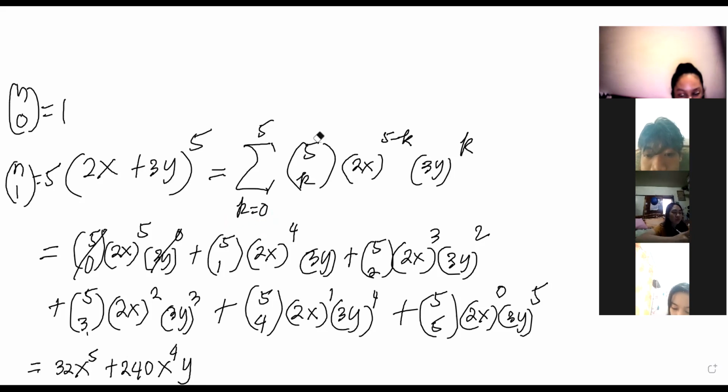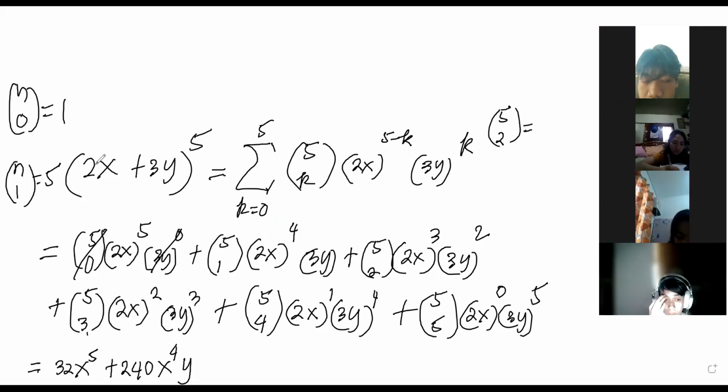Next is in this term. We don't have a shortcut formula for 5 taken 2, so we need to use the formula of combination. So it should be 5 factorial over 2 factorial, 5 minus 2 is 3 factorial.